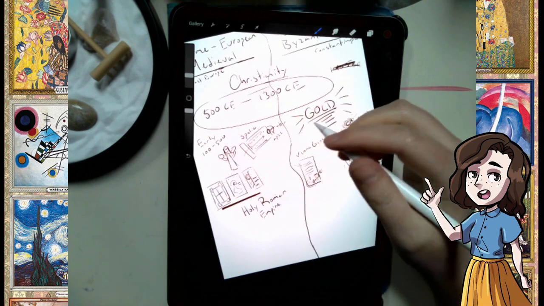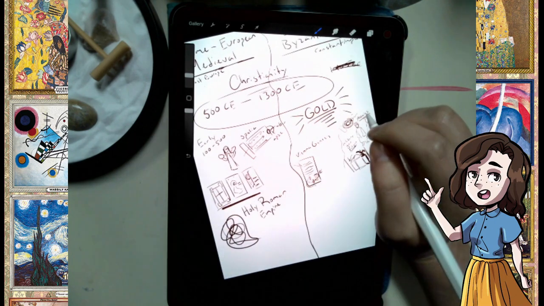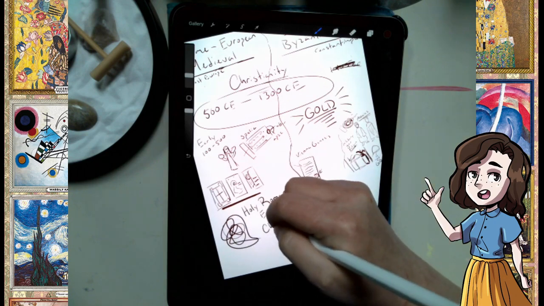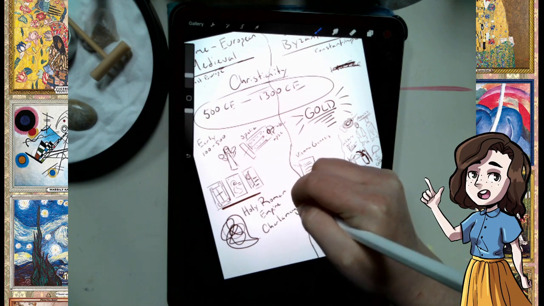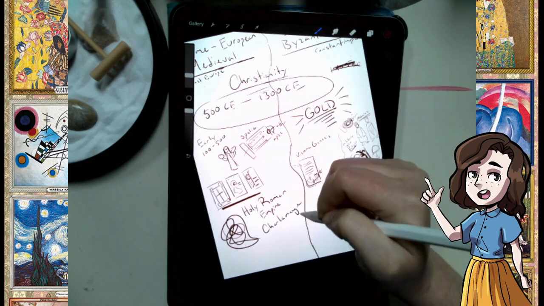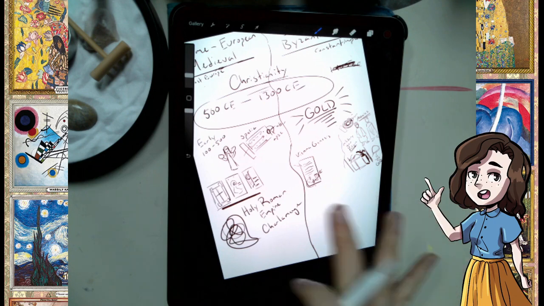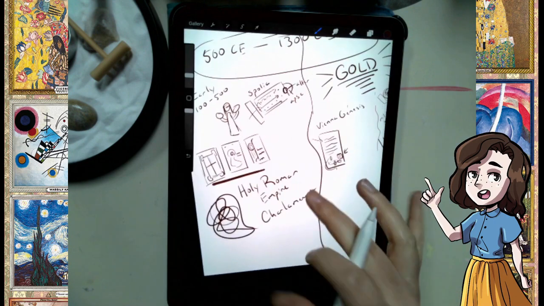But Holy Rome is going to be this collective mishmash of German cultures that gets kind of unified under the leader Charlemagne. That's a spelling. Charlemagne, and he leads with his kind of dynasties, the Merovingians, Carolingians, these other subgroups of German peoples that would be too much history to get into right now.